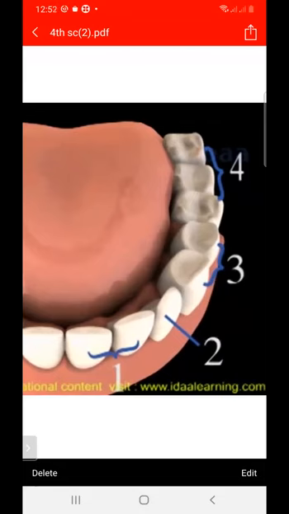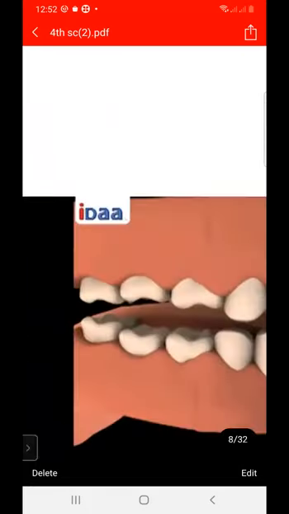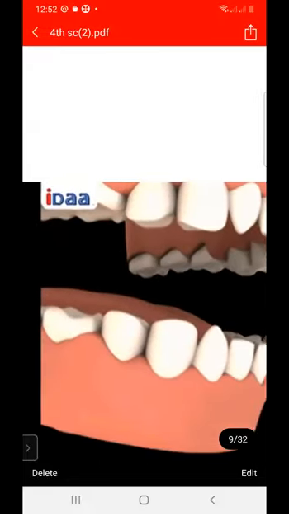And this is a stable tooth. So you have to remember which are incisors, canines, premolars and molars.